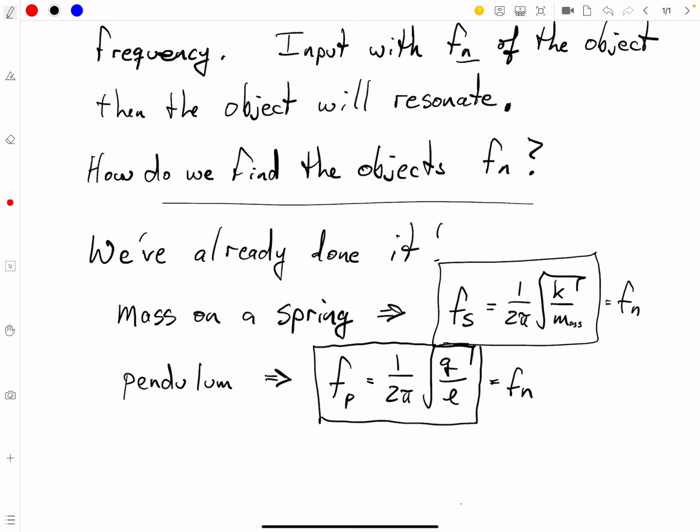So pretty much everything has a natural frequency, and when something has a certain length, that tends to be a part of its natural frequency, right? We found that L was part of the pendulum's natural frequency.